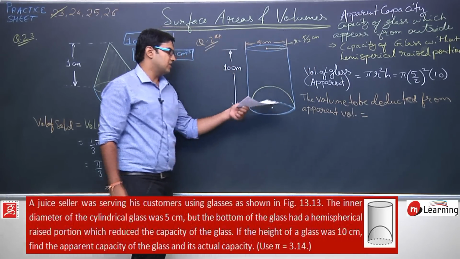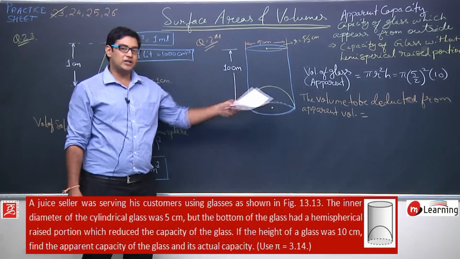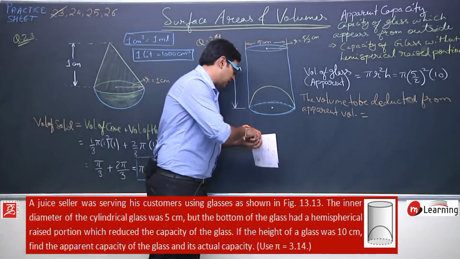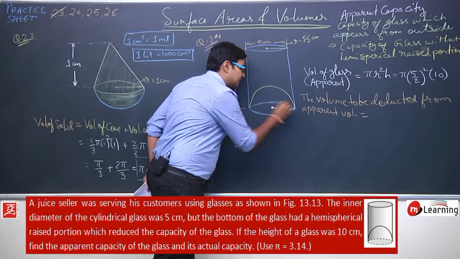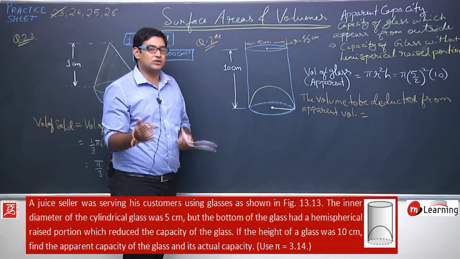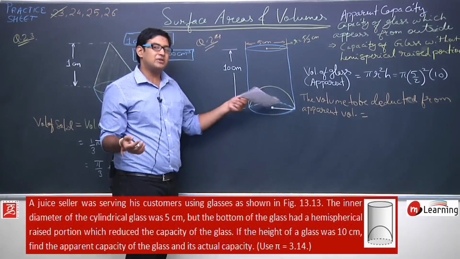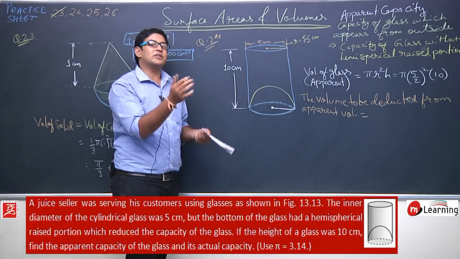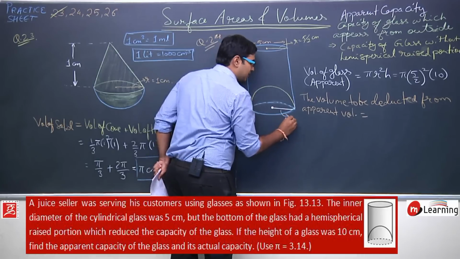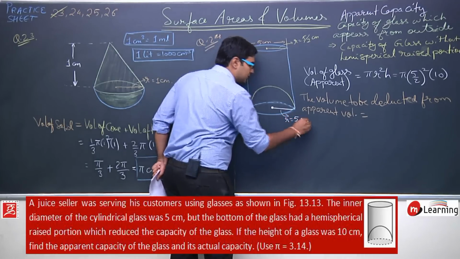We need to deduct the volume of this hemisphere. Now what will the volume of this hemisphere be? I can see this hemisphere and this glass have the same internal radii because they have the same base. This hemisphere is taken out from the glass itself, that's why I can say the radius of this hemisphere is also 5 by 2 centimeters.